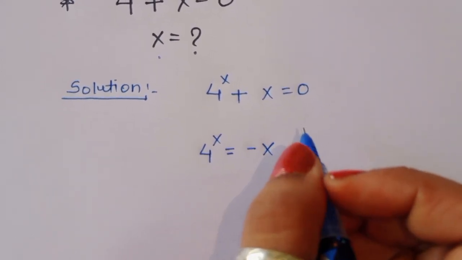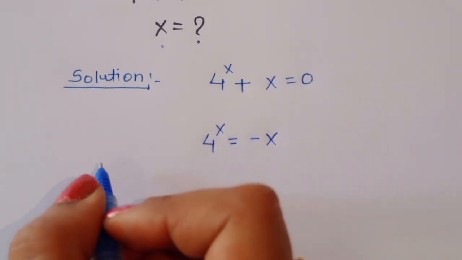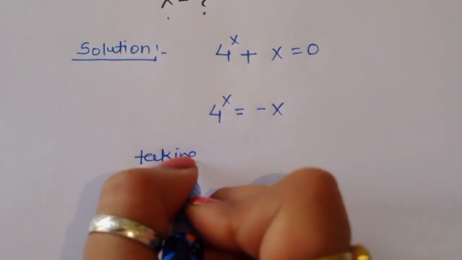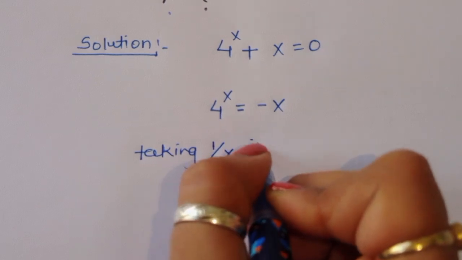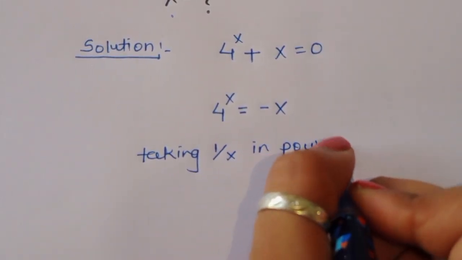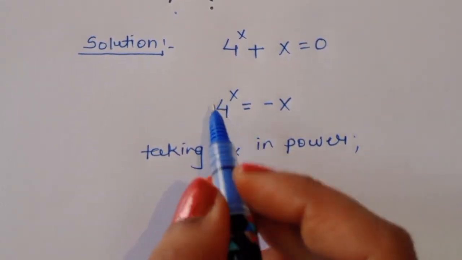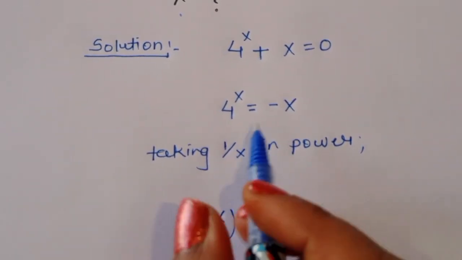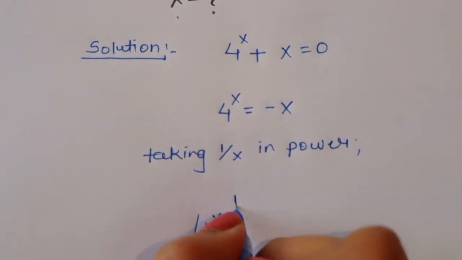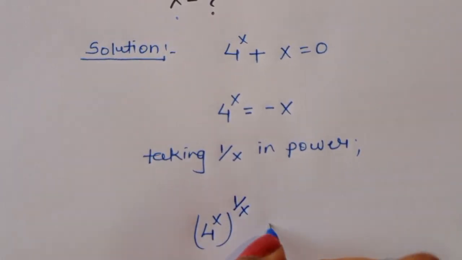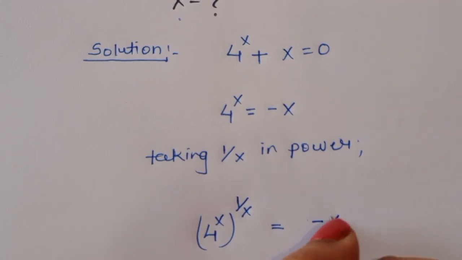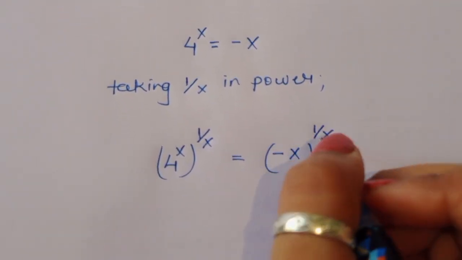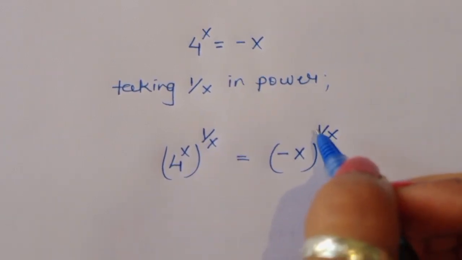Now we can do one thing: taking 1 upon x in power, we will get 4 power x, power 1 upon x, is equal to minus x power 1 upon x, because we have to take this power on both sides.